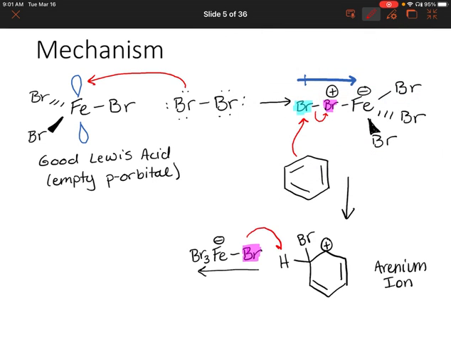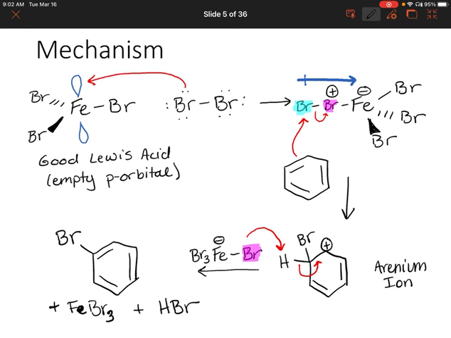So bromine is going to grab onto the hydrogen on the ring, and we're going to leave behind pi electrons. And then we get our final product. Plus, our catalyst is going to regenerate because we lost that purple bromine, so we reformed iron tribromide. And we also formed HBr, so the conjugate acid.